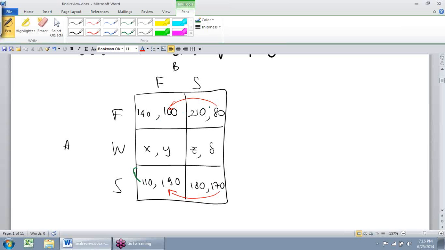Because we already have an arrow going in from 80 to 100 for player B. So we want the number x to be greater than 140. So if x is greater than 140, then A will prefer to waffle.